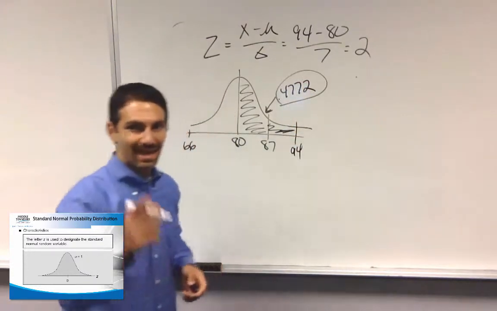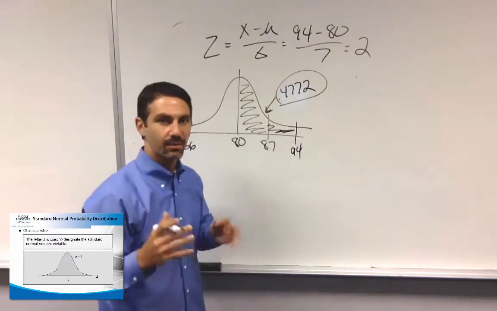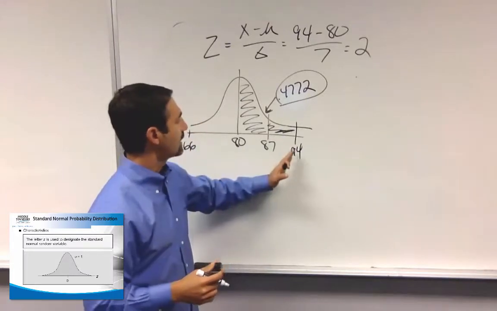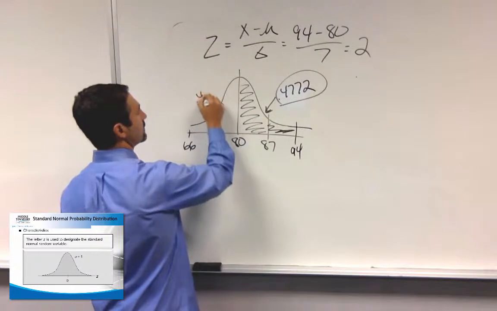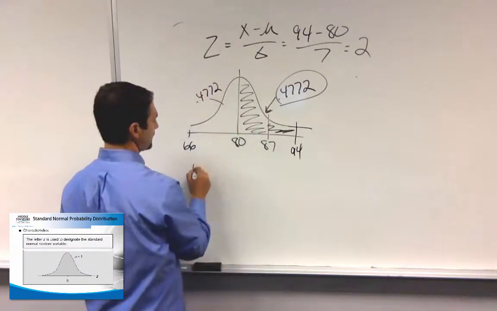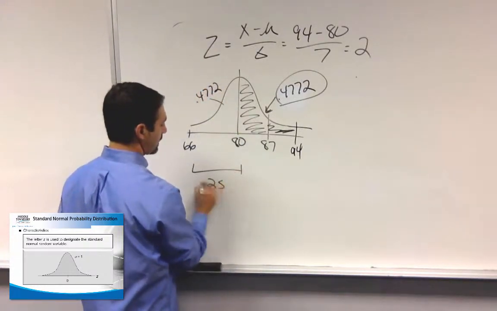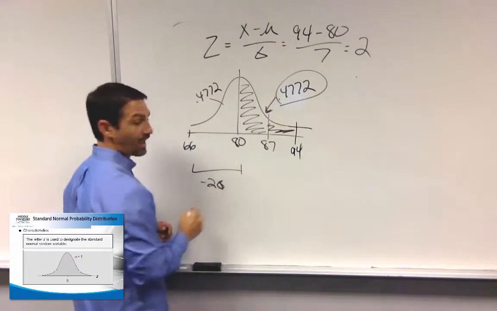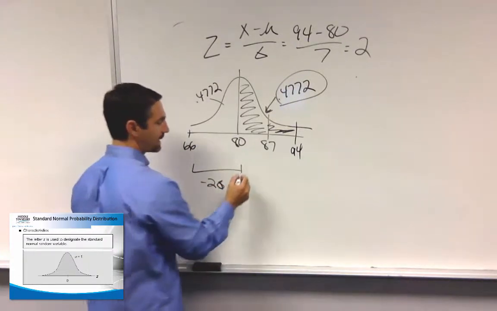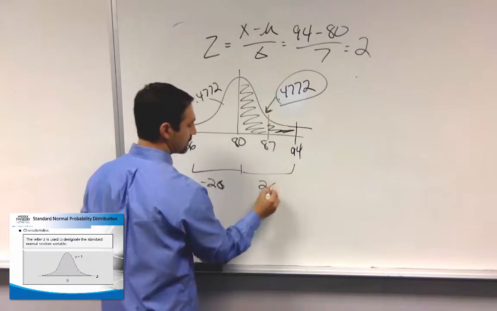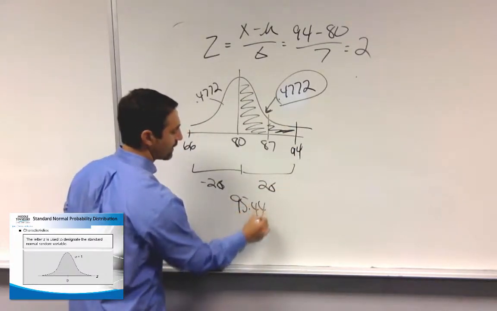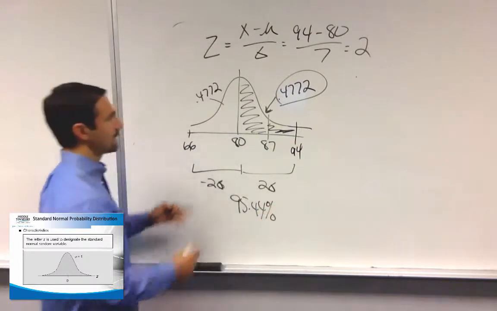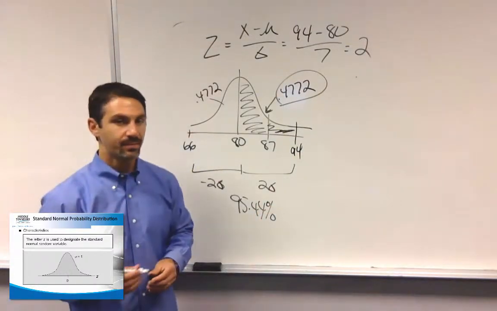And hopefully we'll see that as we get going through these slides when we look at a table. And if I come out to this point, that's 0.4772. This would be 0.4772 because this is 2 standard deviations from the mean on this side, 2 from the mean on that side, which is then 95.44%, because I added those two up.